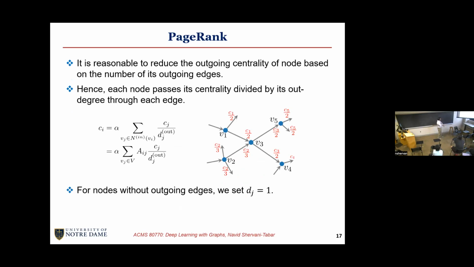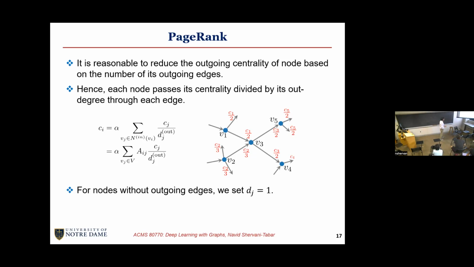So we can see the idea here. Let's say that we have node V1. Its importance, let's say, is C1, and it has 2 outgoing edges. So the importance of V1 is going to be divided by 2, and each edge will transmit C1 over 2 importance to the node that it points to.